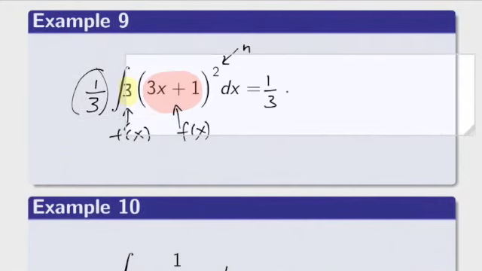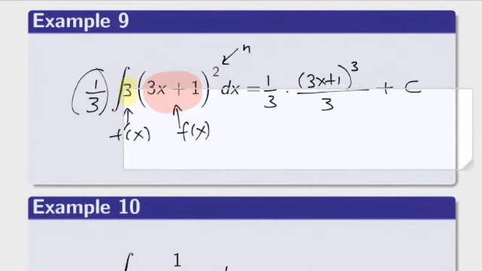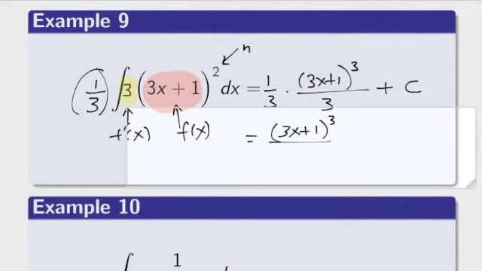So according to rule 2, we have the answer f(x) raised to the power n plus 1. So n is 2, so n plus 1 is 3, divided by n plus 1, which is 3, plus a constant. So this can be simplified further. So it will be (3x plus 1) cubed divided by 9 plus a constant.